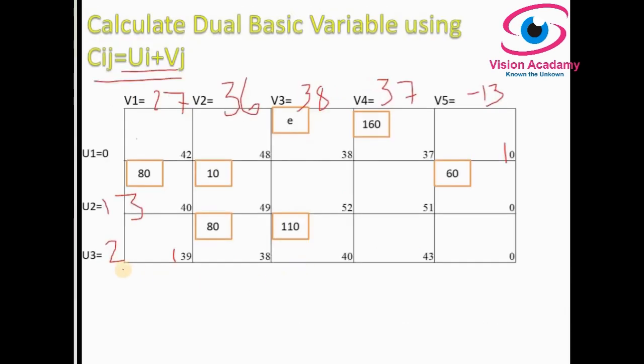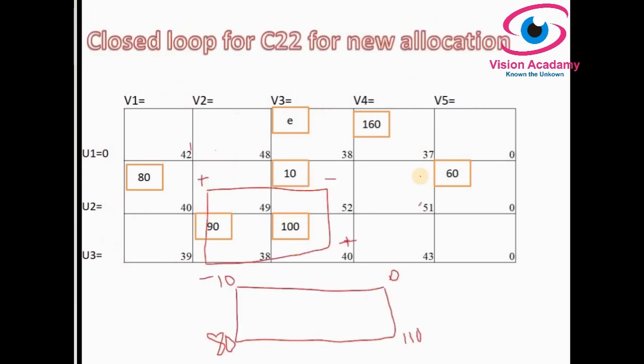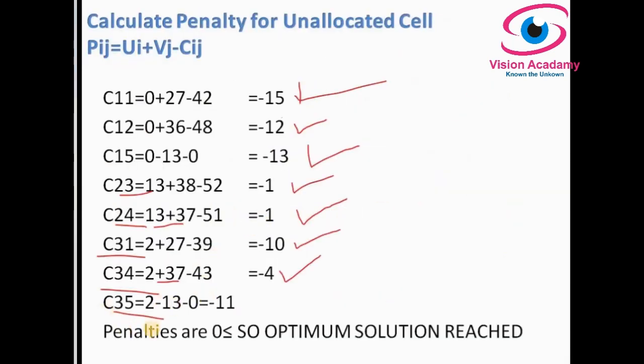And the last one, C35: the u3 value is 2 and the v5 value is minus 13. 2 minus 13 is minus 11, minus 0, that is minus 11. So all the penalties which we have calculated after making a new allocation are less than or equal to 0. It means no positive values are here, so this is the situation where the optimum solution is reached.